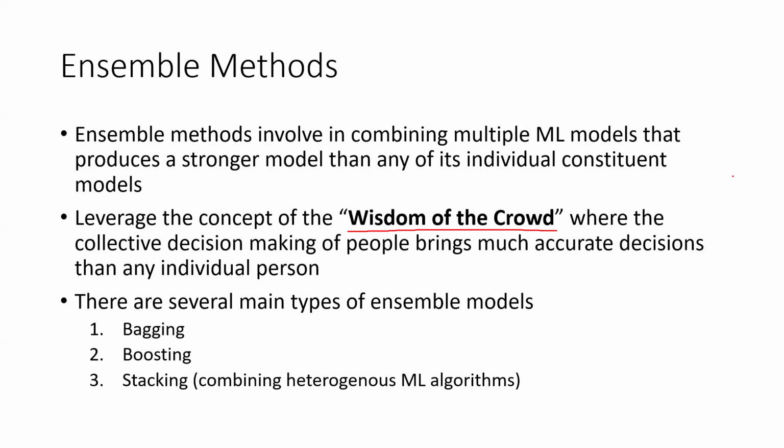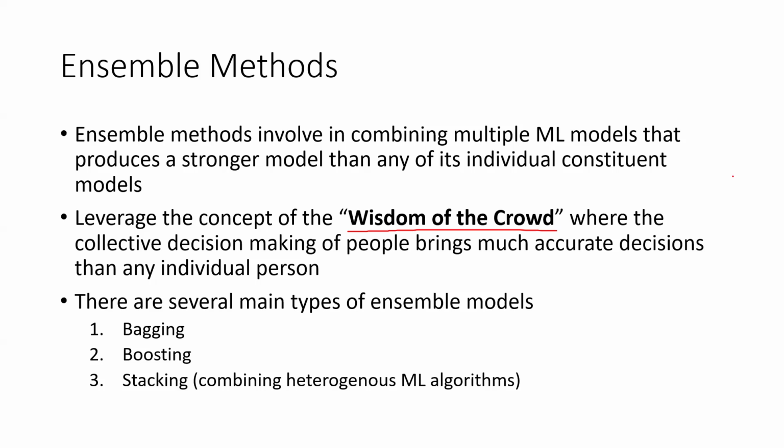As you may already know, when it comes to independent decision making, if the people are not fed similar kinds of information with bias, the people can make decisions, and when they vote together, their vote would be more accurate than any individual person's opinion, right?